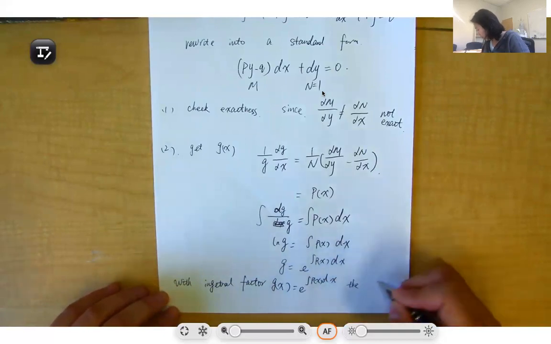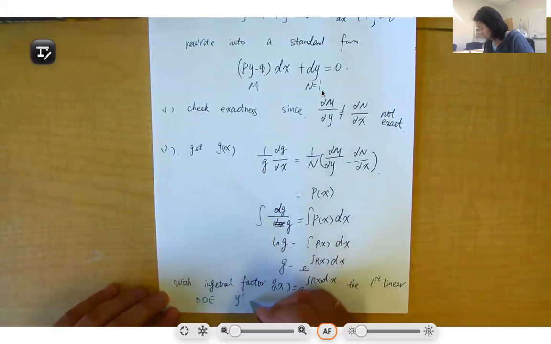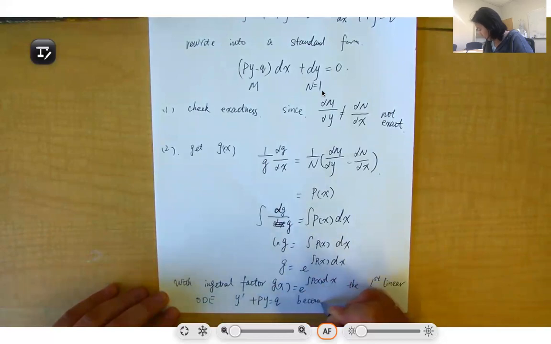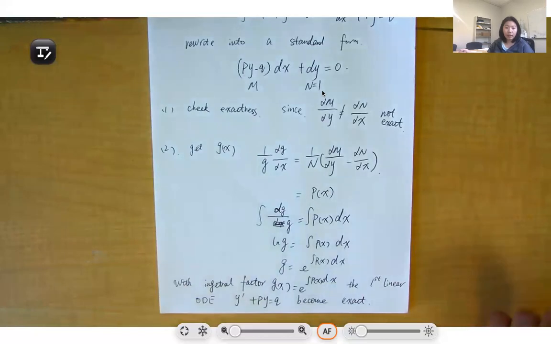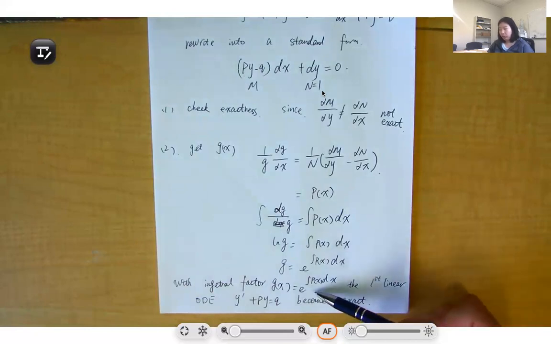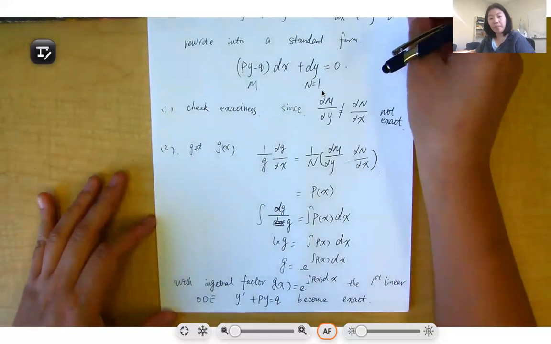the first order linear ODE y prime plus py equals q becomes exact. And of course, you can check the exactness on your own side and verify that with this integrating factor, such equations become exact.